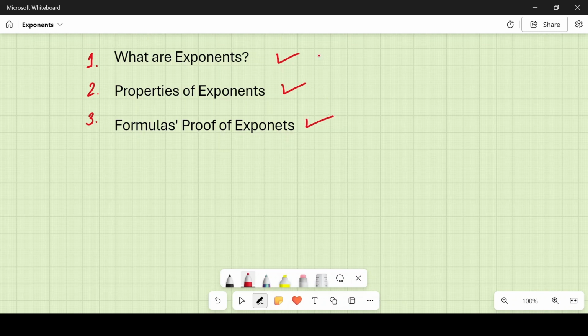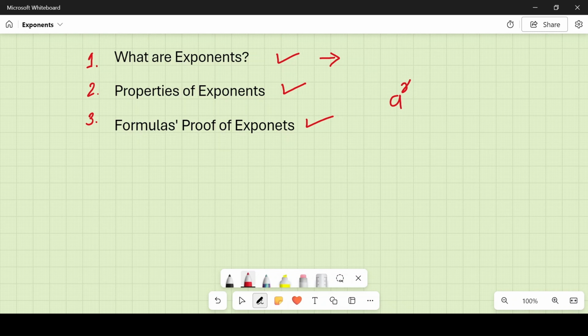So let's define the exponent. What are actually exponents and its definition? An exponent tells us how many times a number, called the base, is multiplied by itself.